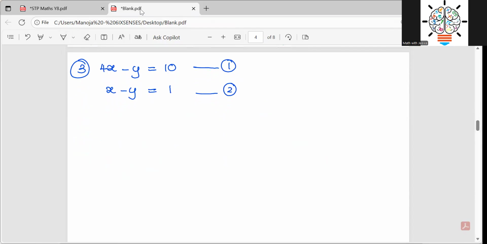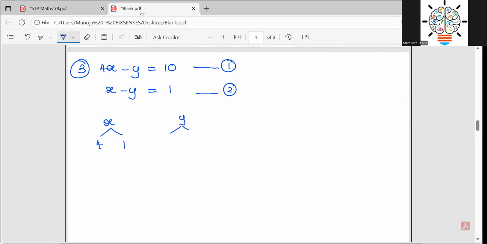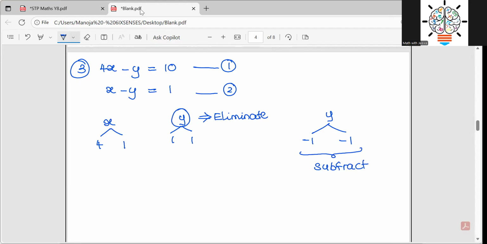Okay. Then we write down the coefficients of x, 4 and 1, and of y, 1 and 1, and I eliminate this. That doesn't mean that we are always eliminating y, right? So for y we have minus 1 and minus 1. When you have the same sign, we subtract. Right? So then subtract what? Here I take 1 minus 2 because the 1 values are bigger.